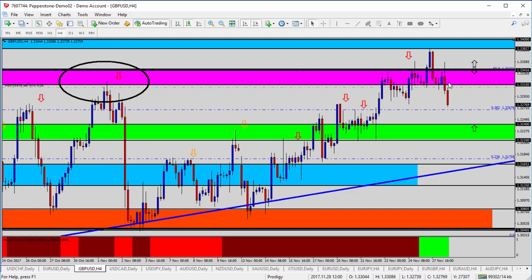The closer we can get to that pink zone for a short, the more it limits our potential risk. So what I'm looking for today is not selling at the lowest low, but selling on any retest coming back towards 1.3310, 1.3315. Any retest of that pink shaded area becomes an opportunity to go short, targeting the green zone or lower.